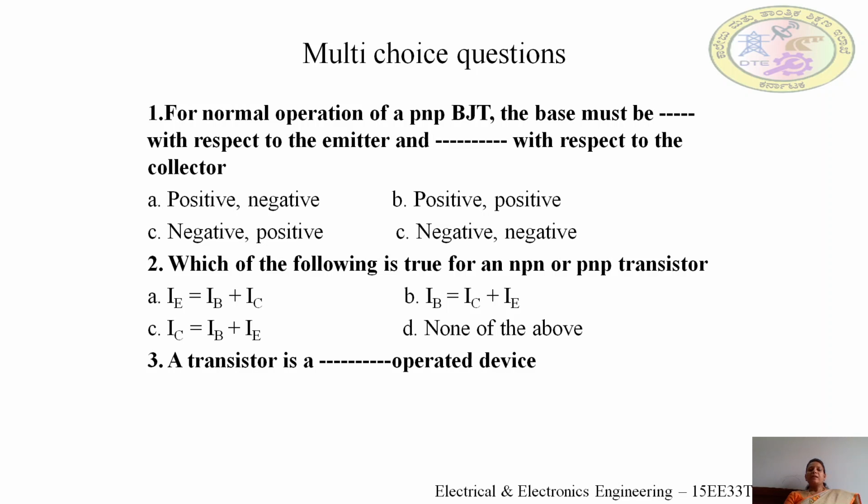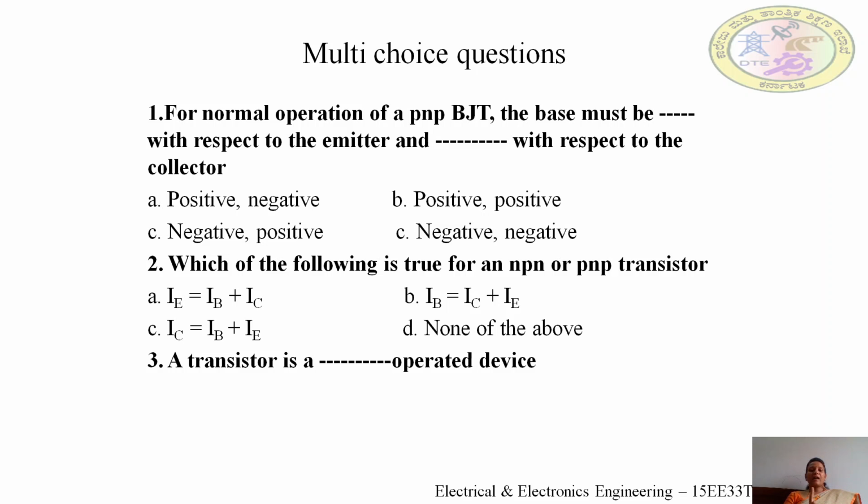Next question is, a transistor is a dash operated device. We know that the emitter injects majority charge carriers into the base, and the base controls the flow of these majority charge carriers. That is, it controls the flow of current from emitter to collector.